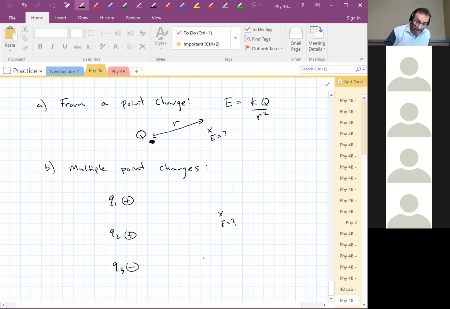So we say Q1 is producing an electric field over here. What color should I use for Q1? E1. And then we say Q2 is producing an electric field over here. It points away from Q2.